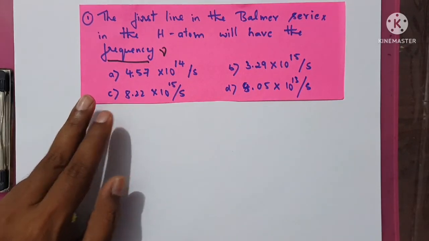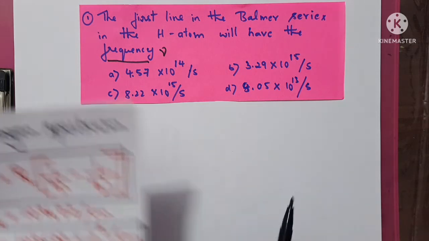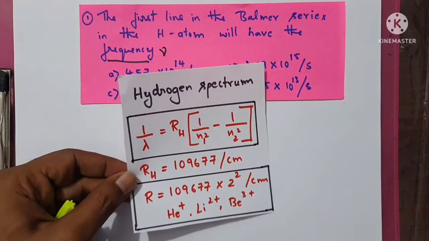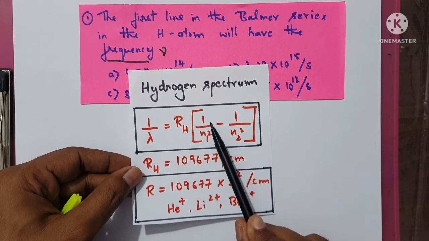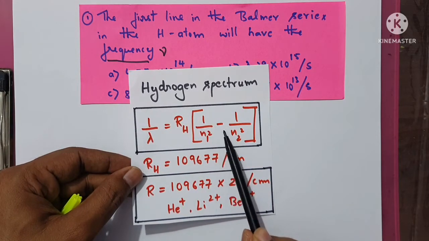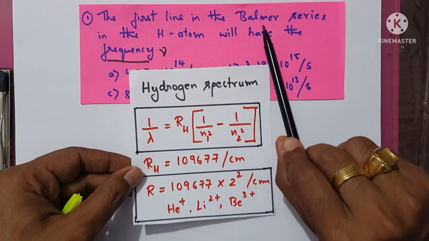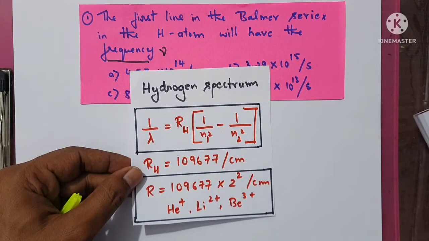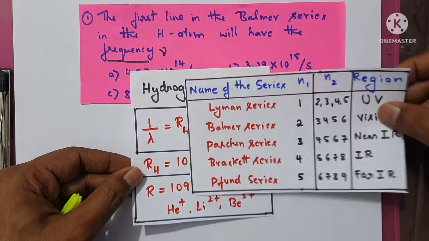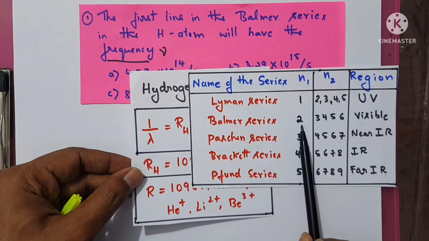We already know the formula: 1 by wavelength is equal to RH of (1 by n1 square minus 1 by n2 square). Here they are asking for Balmer series. In case of Balmer series, what is the n1 value, children? You can observe here the n1 value for Balmer series is 2.